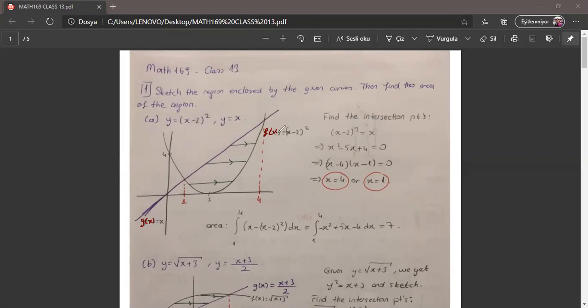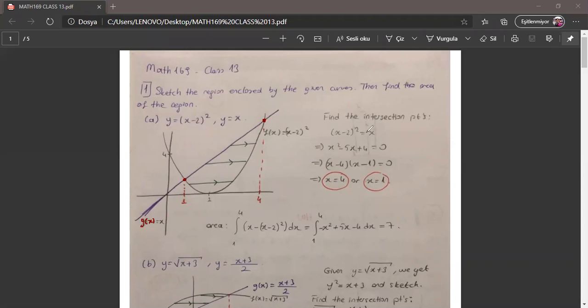Okay, so then the area between them is this, right? This one. Okay, now what do we do? First we need to find the intersection points. Okay, it means this and this.